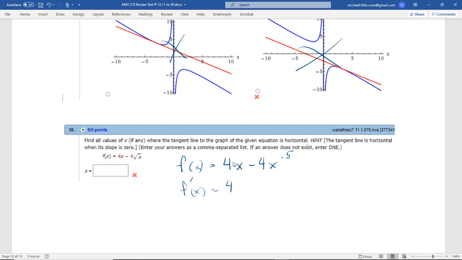Subtract 1, 1 minus 1 is 0, x to the 0 is 1. So the variable's gone. Here we have the 0.5 coming down, multiplying times 4. 4 times 0.5 is 2. It's divided by 1/2. So I've divided by 2. Okay. And then we have x to what? The minus 0.5.